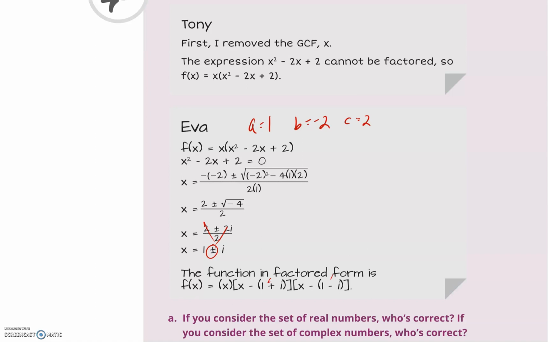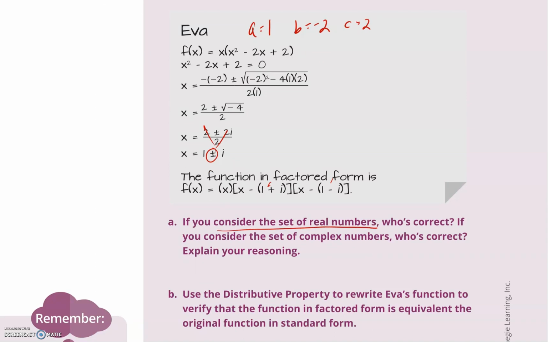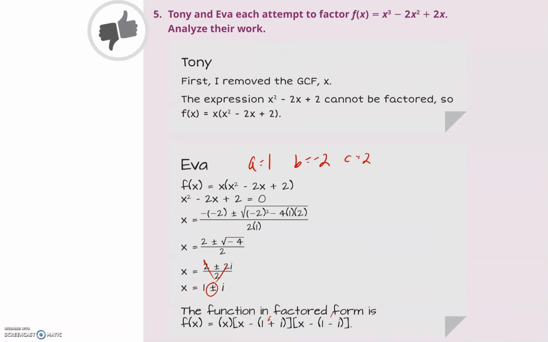Well, they both are correct in their own right. It depends on what you are considering for your answer. So if you are considering the set of real numbers, Tony is correct, because he has this factored as far as you can while maintaining all real numbers in his answer.